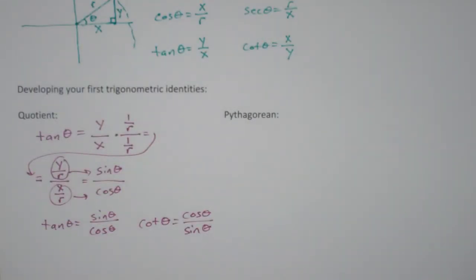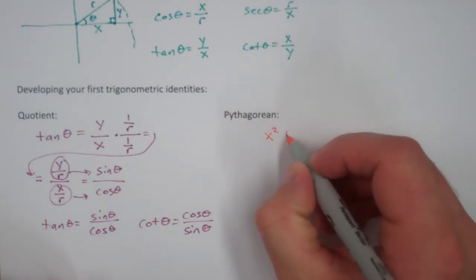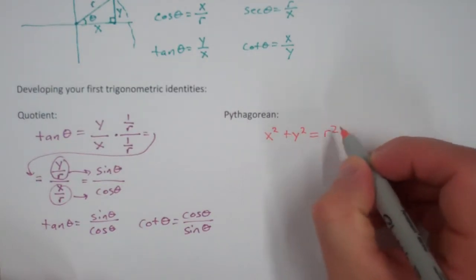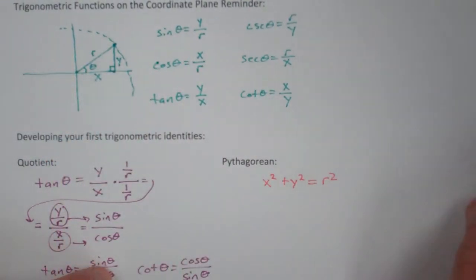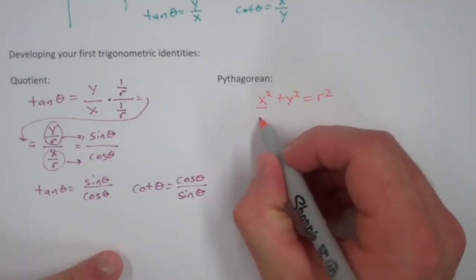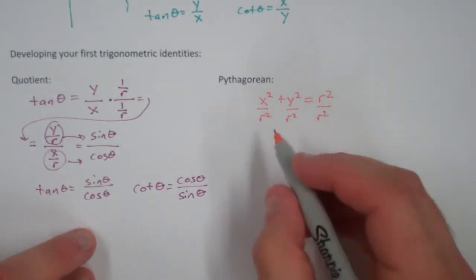For the Pythagorean identity, we're going to start off with the Pythagorean theorem. That's x squared plus y squared is equal to r squared on our original triangle right here. An interesting thing happens when we divide everything, or the left and the right side, by r squared.